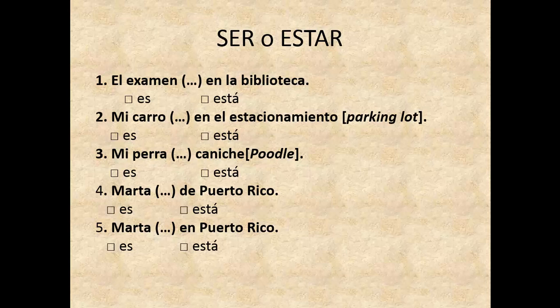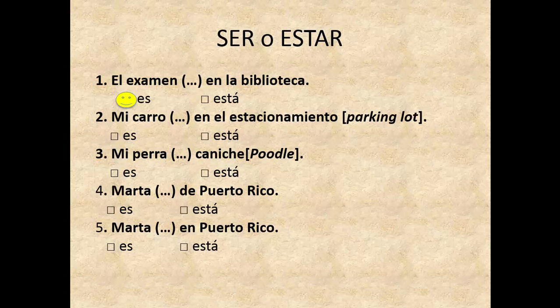So, for example, on number 1, it says, El examen blank en la biblioteca. The test is in the library. It's there, it's not going to move, so it's representing the E in notice. It's an event that's taking place in the library. So you would write next to El examen es en la biblioteca, E in notice.